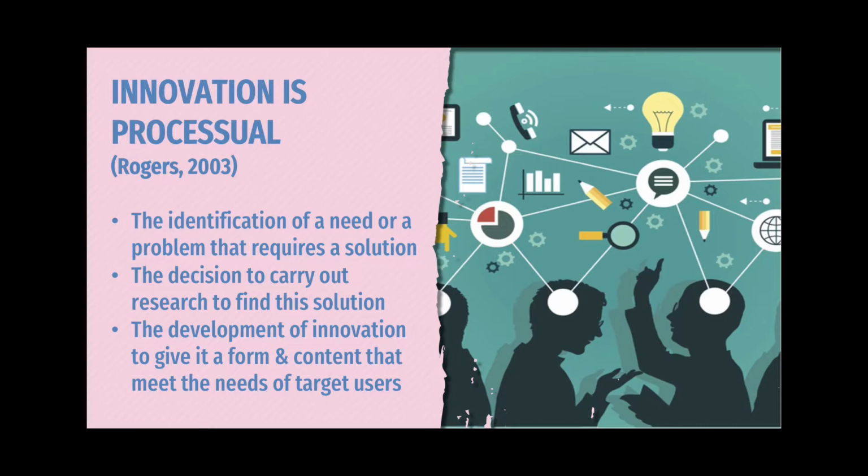And this is derived from the work of Rogers in 2003, who is also one of the main scholars in sociology in relation to innovation. So Rogers argues that the first phase of innovation is the identification of a need or a problem that requires a solution. And I think this is quite self-explanatory.